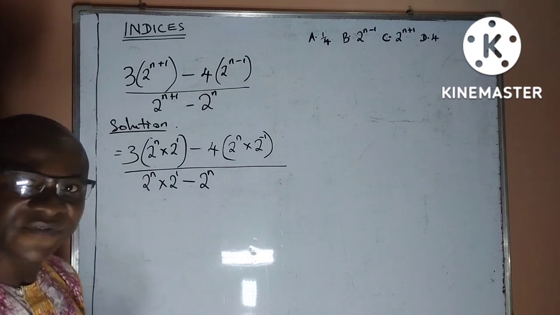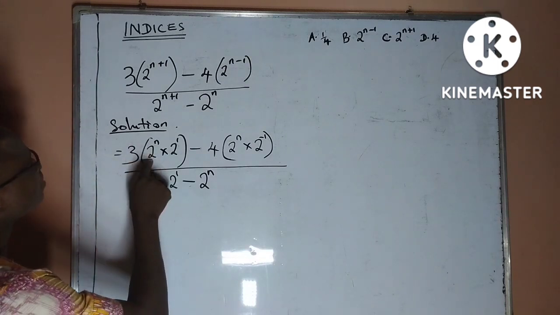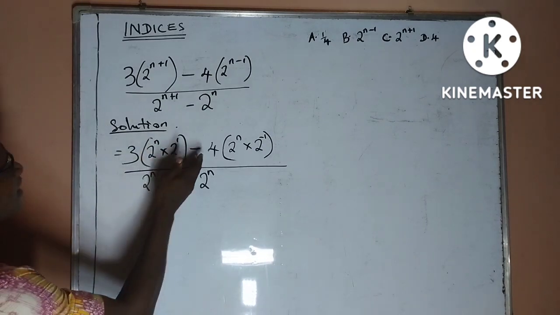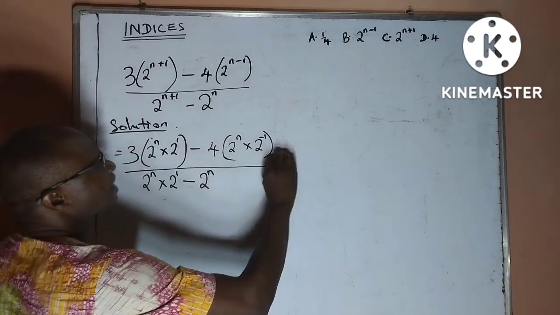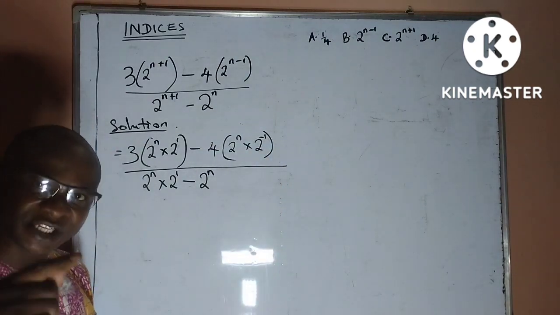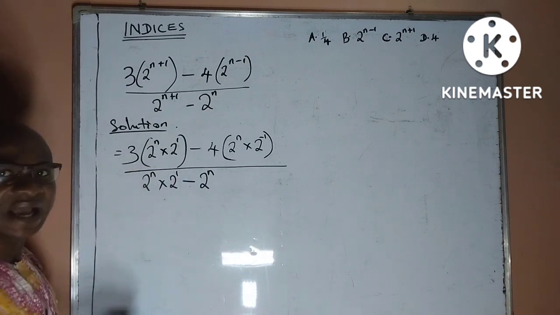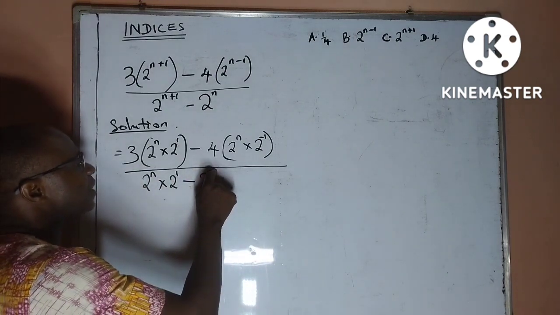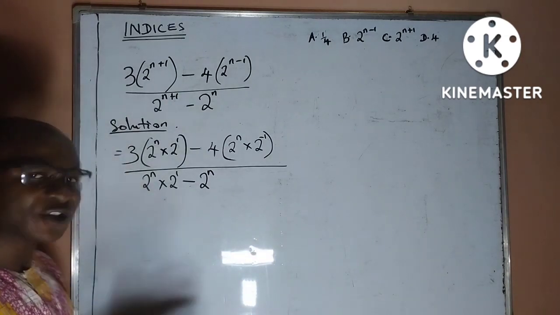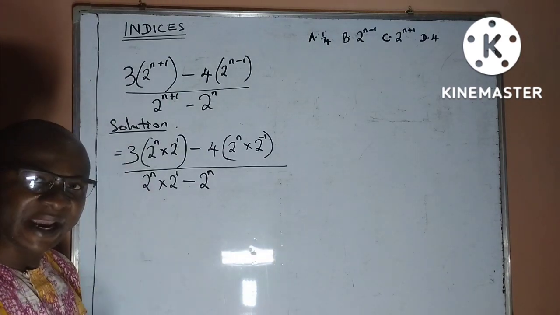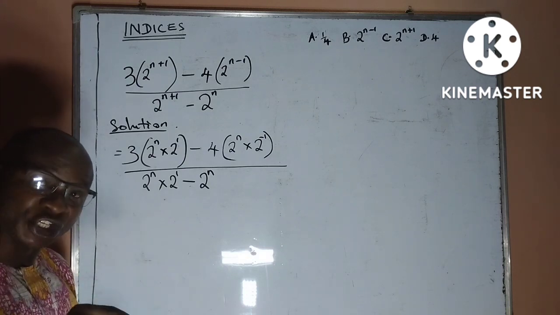Now looking at it very critically, you will observe that there is 2 raised to the power n here by the left hand side, and there is also 2 raised to the power n here by the right hand side. Even at the denominator, I can see 2 raised to the power n by the left side, and by the right hand side. That means I can factor 2 raised to the power n both at the numerator and at the denominator.